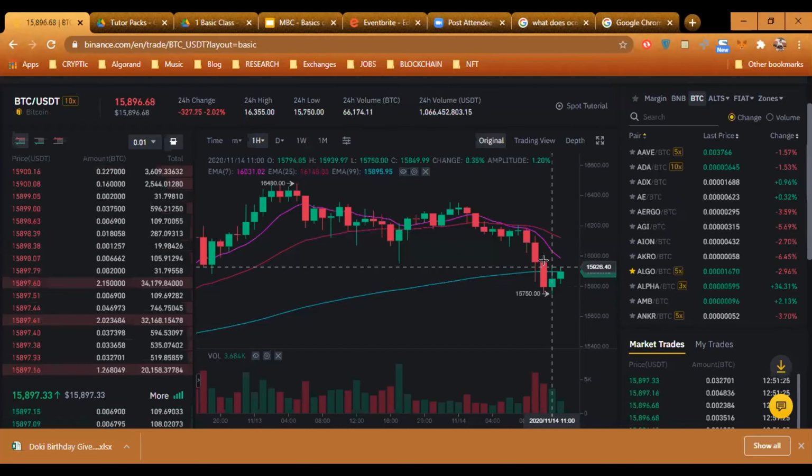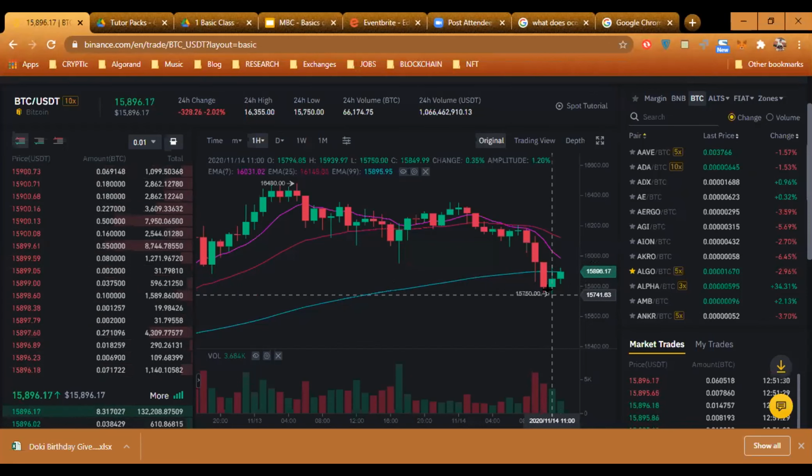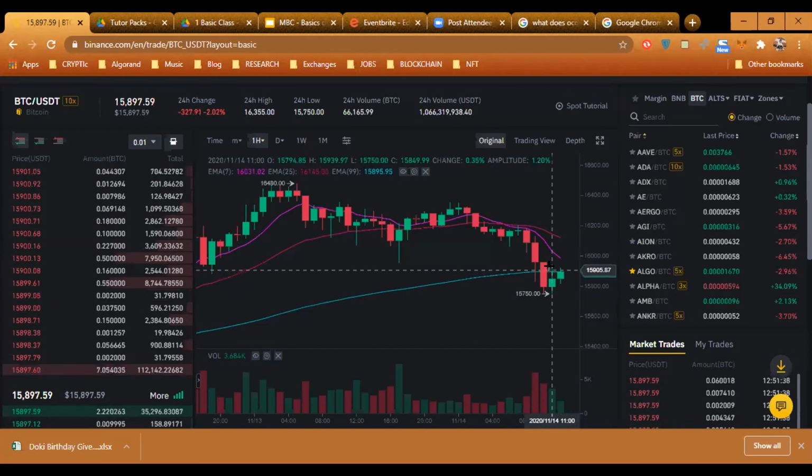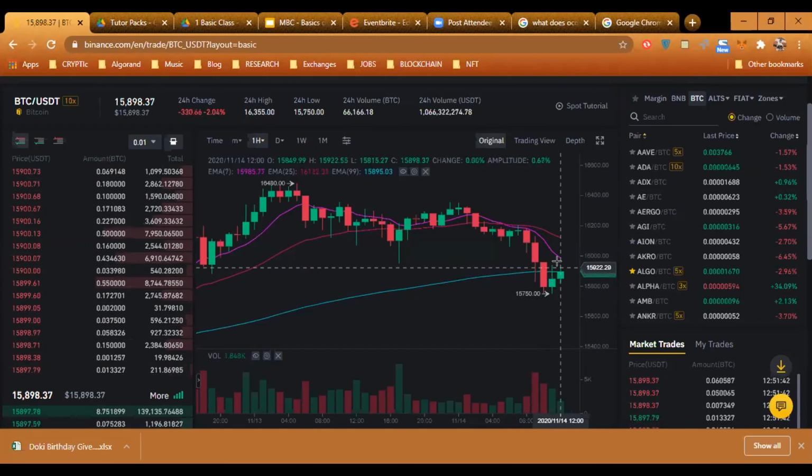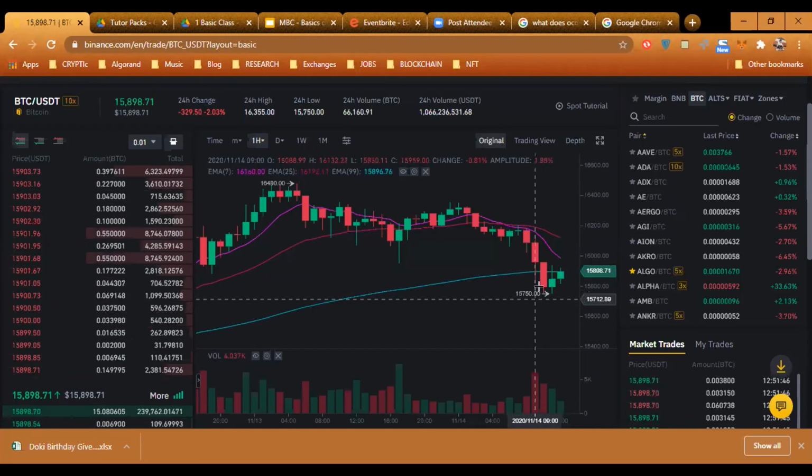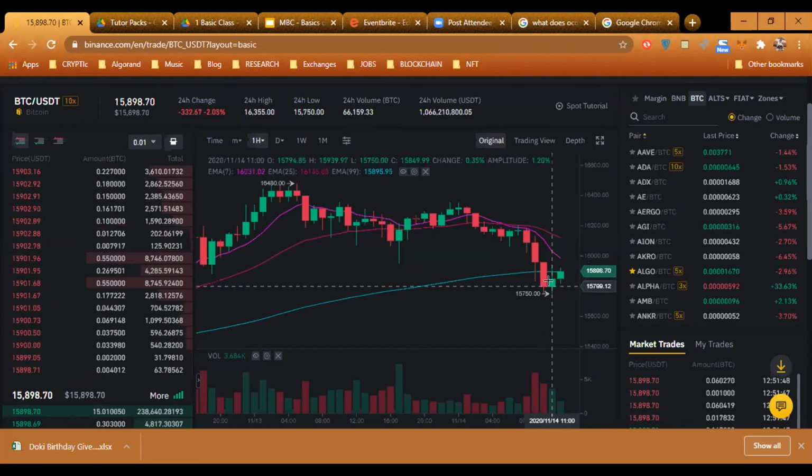So if I bought at this price here, you can see it here showing 15,750, in the last 1 hour, by now I should be able to sell at this price, 15,922. You get? So this is what each candle represents according to these timelines.